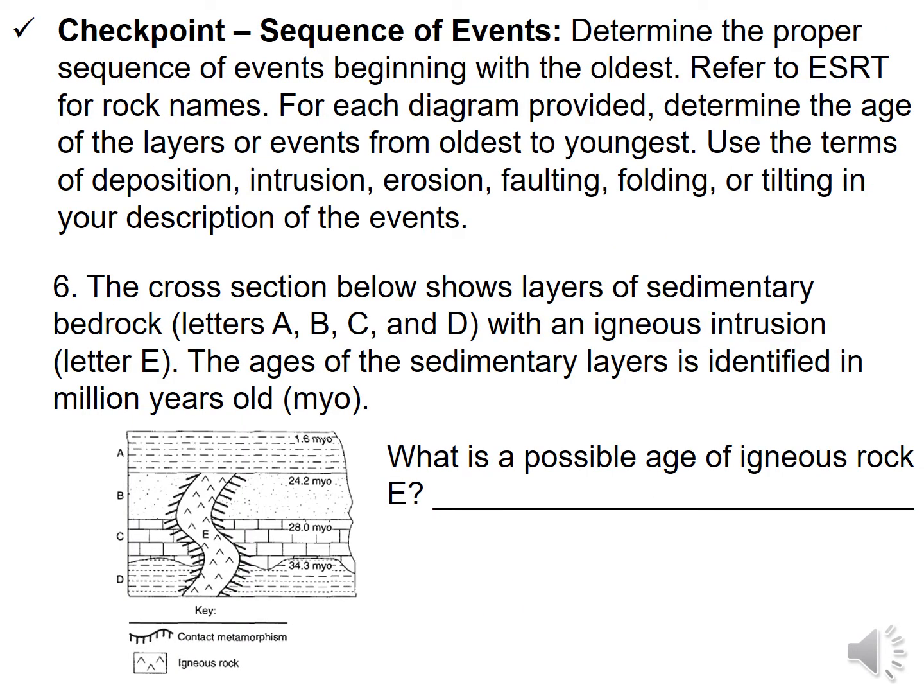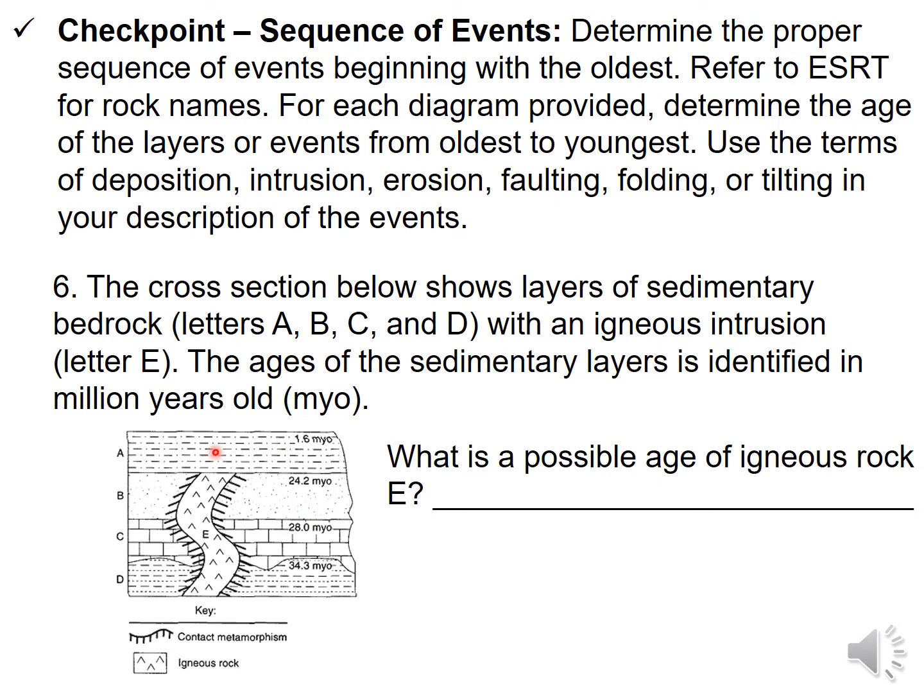Okay. Now we want to know what the possible age of this igneous rock here is. So we know that the igneous rock cut through 34.3 million years, 28.0 million years, 24.2 million years. So that means it has to be younger than 24.2 million years because it cut through all of these.